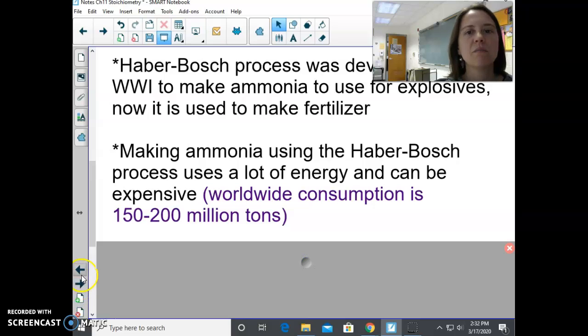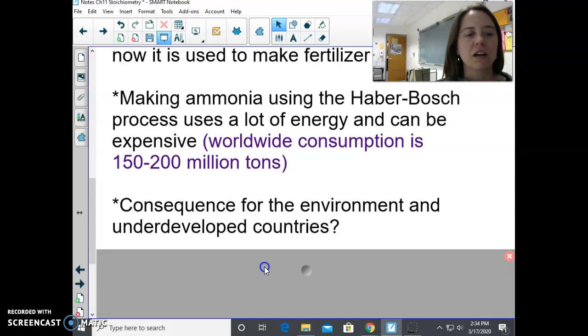Making ammonia using the Haber-Bosch process uses a lot of energy and it can be expensive. Worldwide, the consumption of fertilizer is about 150 to 200 million tons. I'd like you to think about the consequence for the environment and underdeveloped countries if it uses a lot of energy and it can be expensive.